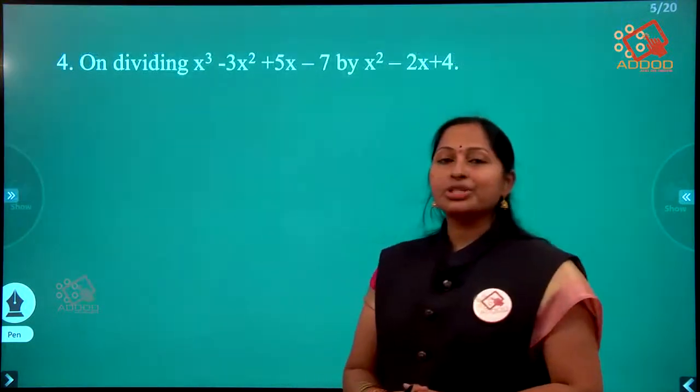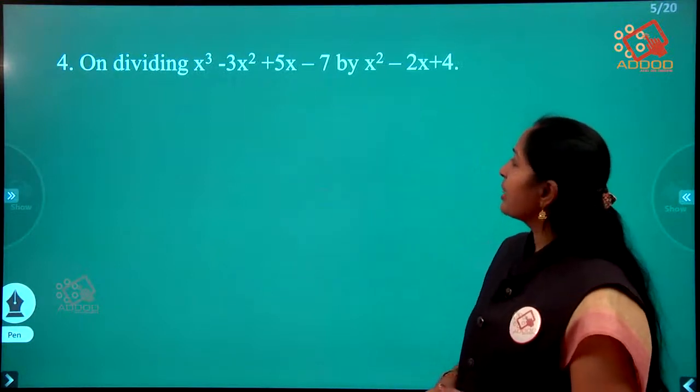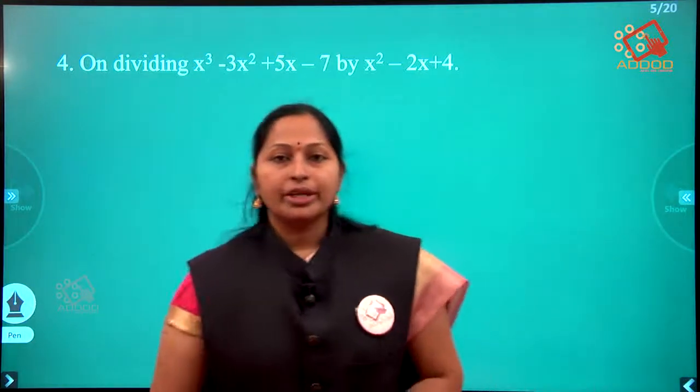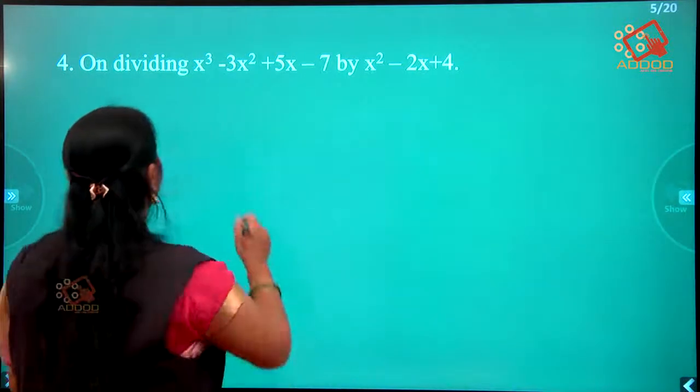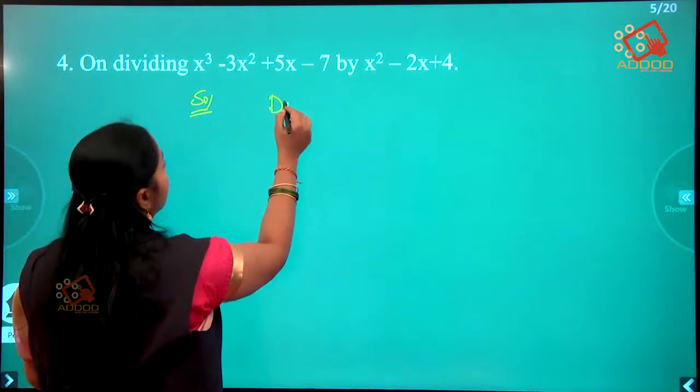We can see the fourth question on the screen. On dividing x cube minus 3x square plus 5x minus 7 by x square minus 2x plus 4, we need to find out the quotient and remainder. Now what is given? Here what is the dividend?